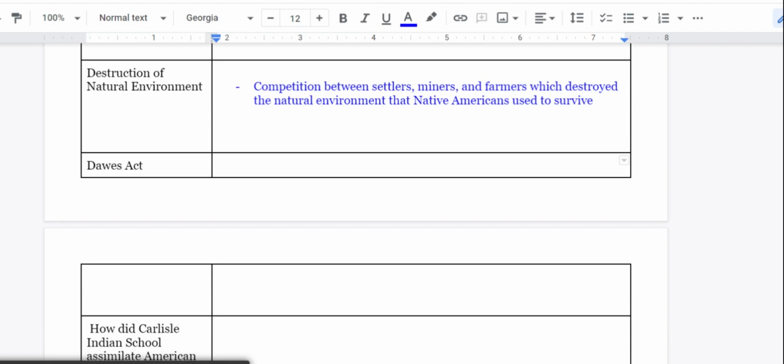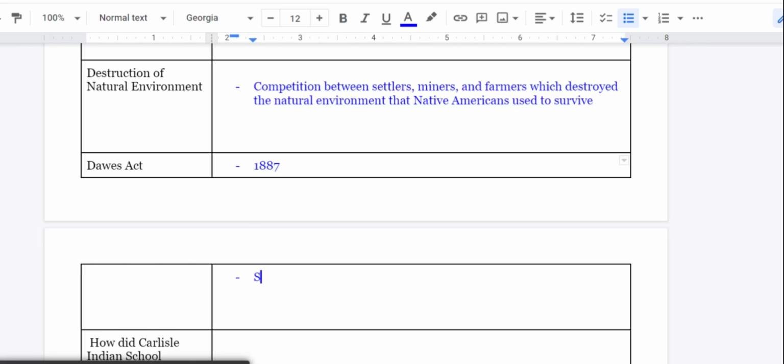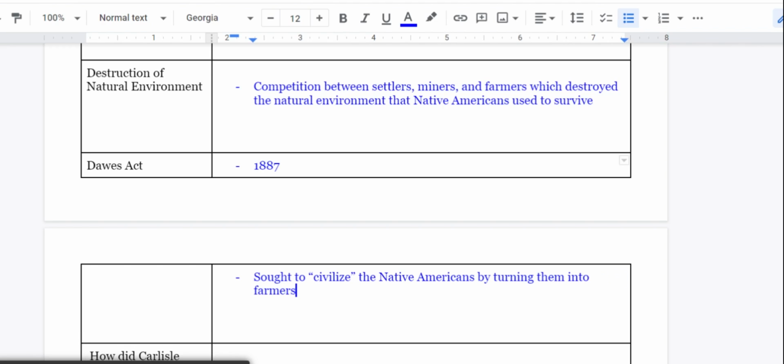So then we have the Dawes Act. The Dawes Act was released in 1887, and it sought to civilize the Native Americans by turning them into farmers and giving families 160 acres of reservation land.